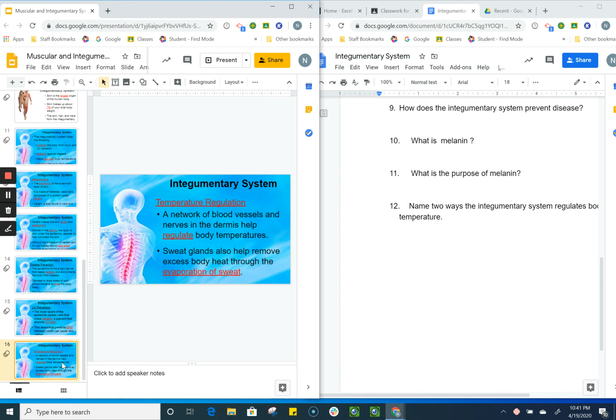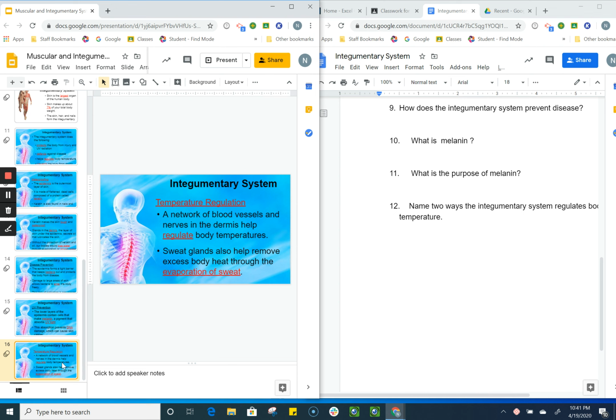As far as regulating body temperature, two structures help. The blood vessels help to regulate body temperature. When you are hot, the blood vessels will open. They become wider to allow more heat to leave the body. When you are cold, the blood vessels contract.